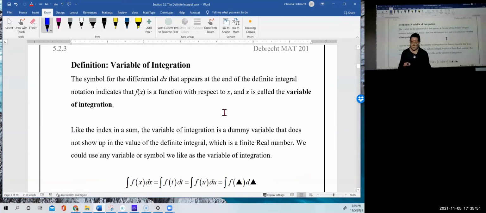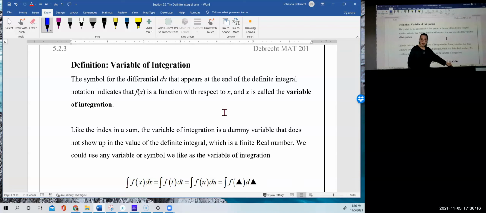The variable of integration, like I mentioned a second ago, does not affect the value of the area between the curve and the x-axis. Of course it doesn't. The area is the area. It doesn't matter if I'm calling it x or t or happy face or even triangle or u. The area is the area, and it is a finite real number.